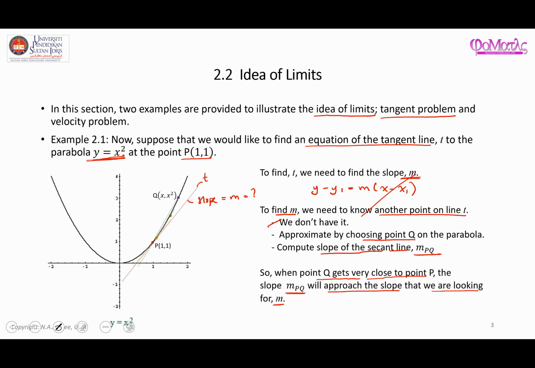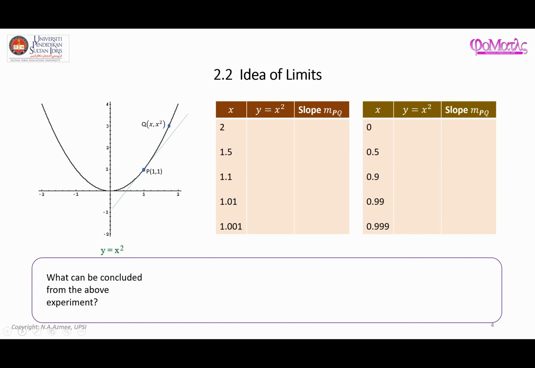Now, I think it is better to illustrate the whole situation with a concrete example, where we are considering moving point Q as close as possible to point P. Again, this is point P, this is point Q, and this is the tangent line that we're looking for.